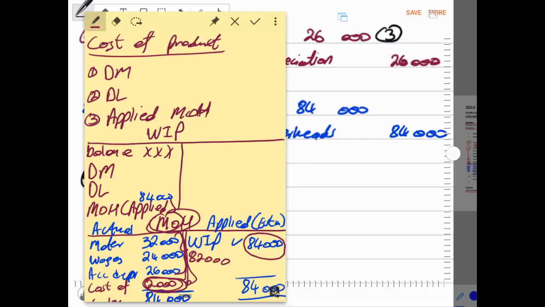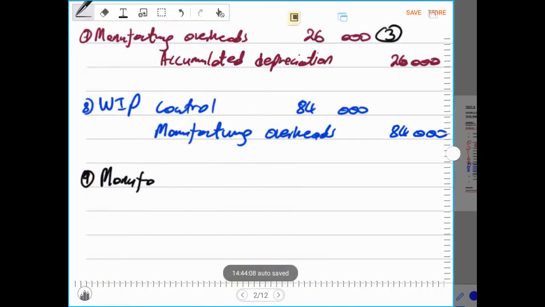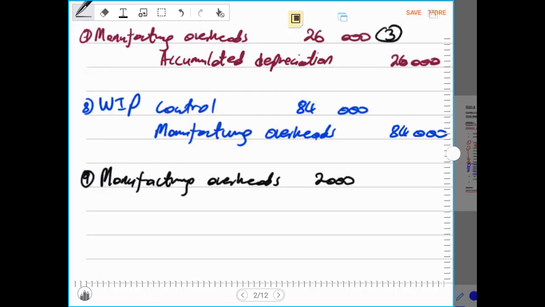So that is why also on the debit side, I record manufacturing overheads for 2,000 rands. Then after, cost of sales will be credited by an amount of 2,000 rands.